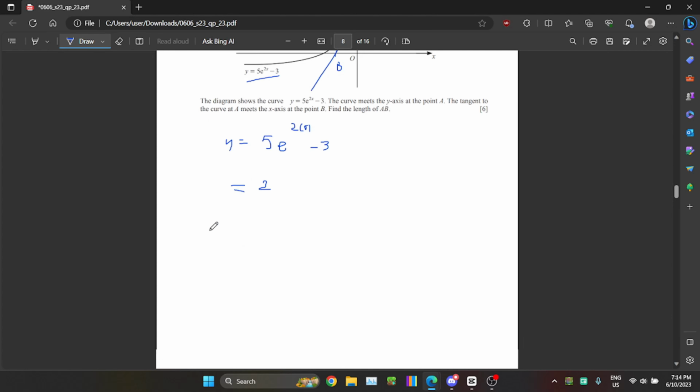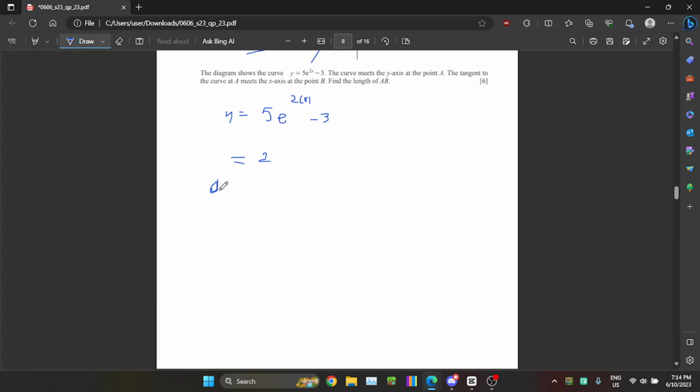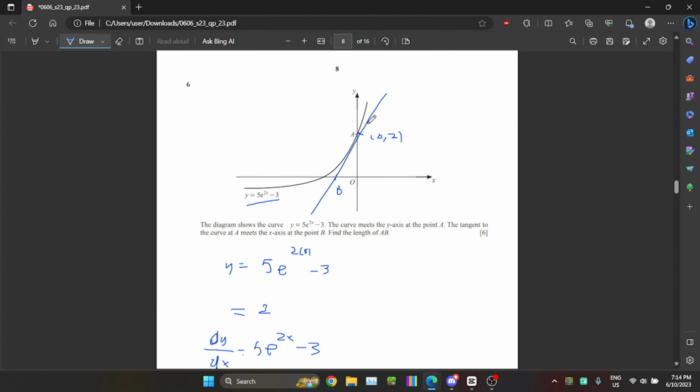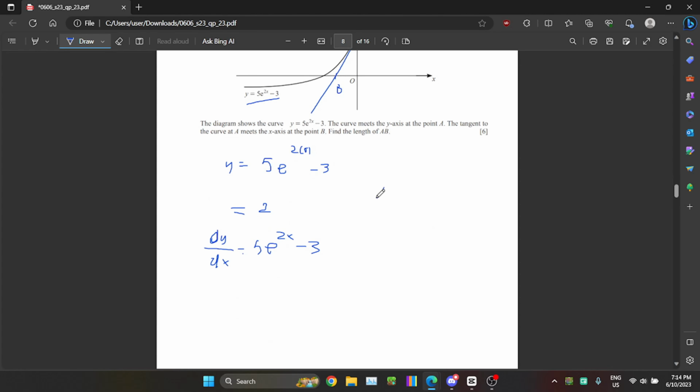I hope that's not complicated. So if you dy dx this equation here, 5e^(2x) minus 3, you will get the gradient of the tangent. So this is a point where x is 0.